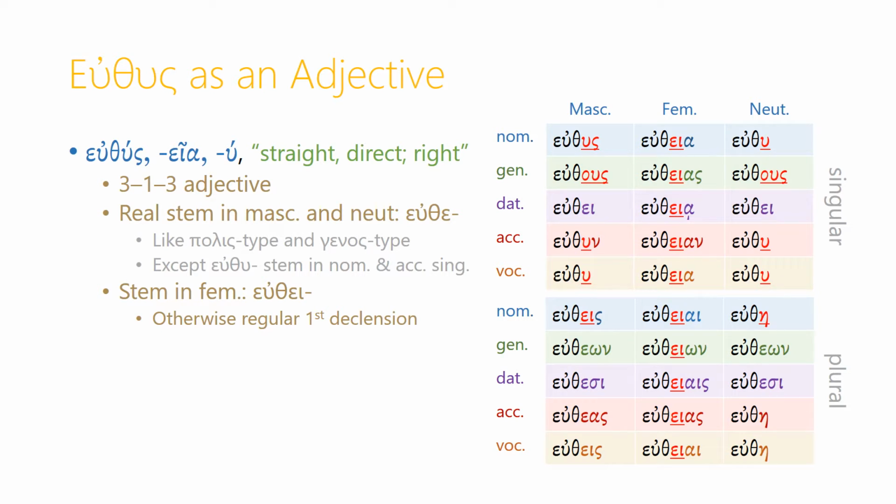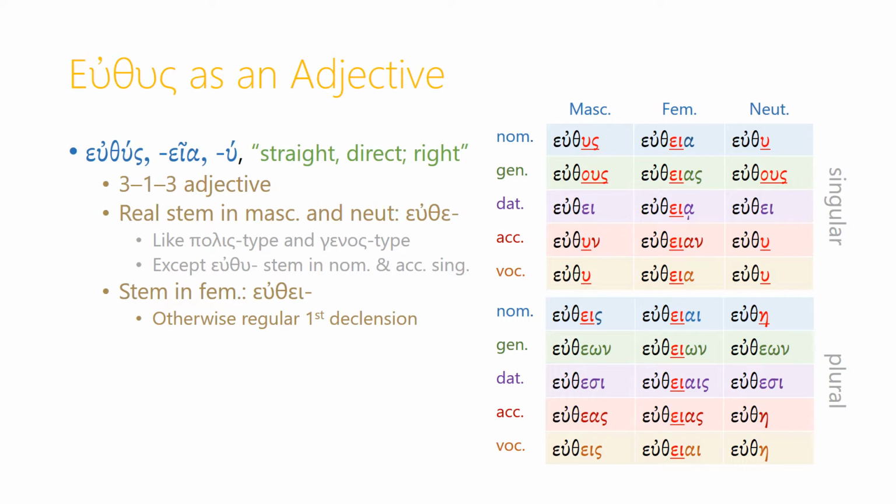The confusing part here is that there's a thematic upsilon that shows up in several of the singular forms of the masculine and neuter. So the stem in those forms looks more like it's euthu instead of euthe. So the nominative masculine singular is a bit irregular. It's euthus. The genitive is what we would expect with a polis type or a genos type.